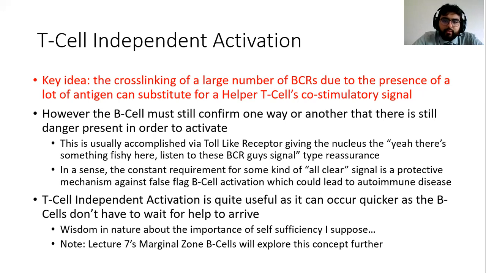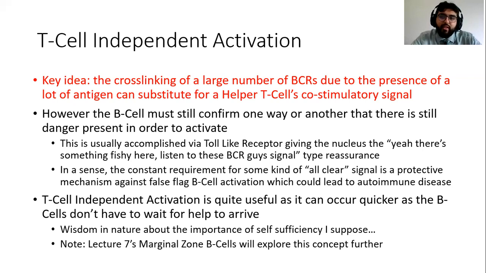And again, T cell independent activation is useful in several regards. Helper T cells are also part of the adaptive immune system. That means they have to undergo a process of antigen recognition and development and spreading, and aren't just readily present, like macrophages and the innate immune system. T cells and B cells take some time to develop, especially if it's the first infection.